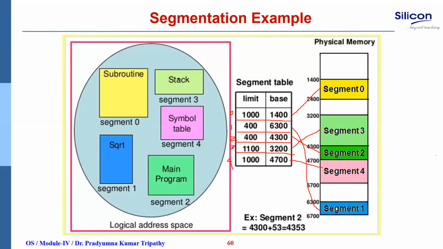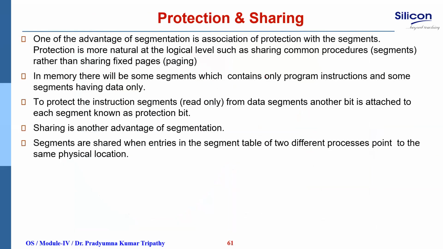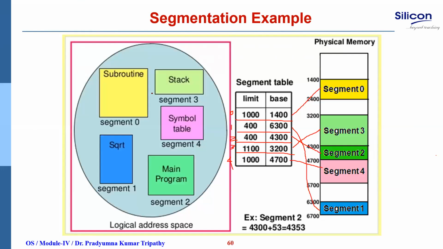So therefore, this memory is being protected. It is written that one of the advantages of segmentation is association of protection with the segments. Protection is more natural at the logical level, such as sharing common procedures rather than sharing a fixed page. So in paging, the program is divided into pages.